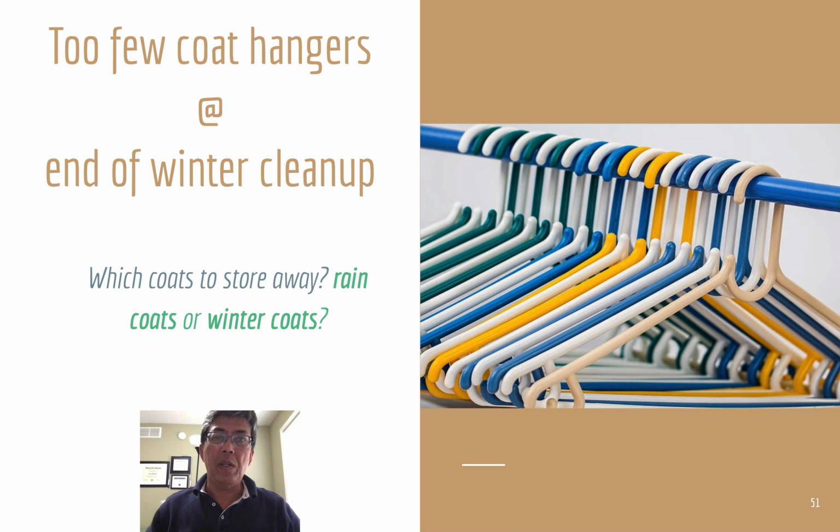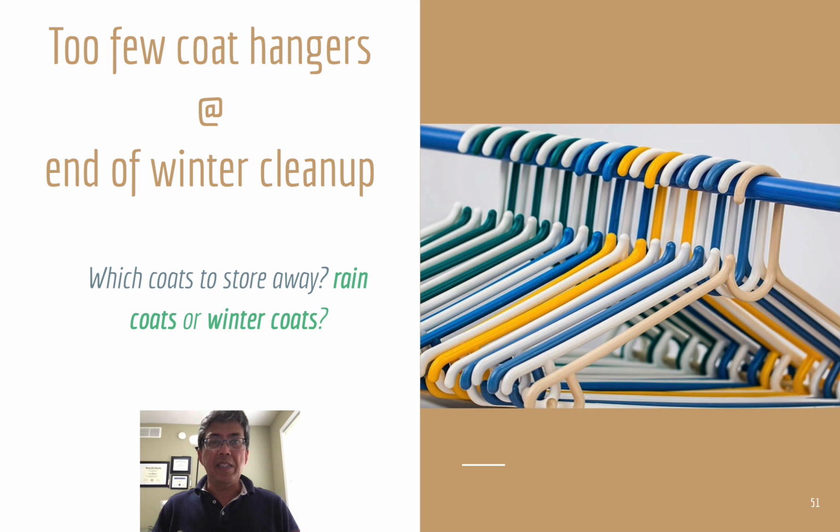The next algorithm that we're going to look at is the optimal page replacement algorithm. But we will describe this algorithm using an analogy. Let's say at the end of the winter semester, you're going to clean up your coat hangers. You're going to store away some of your coats because you have only a few coat hangers that you can use. And now you have to decide between storing away your winter coats or storing away your raincoats.